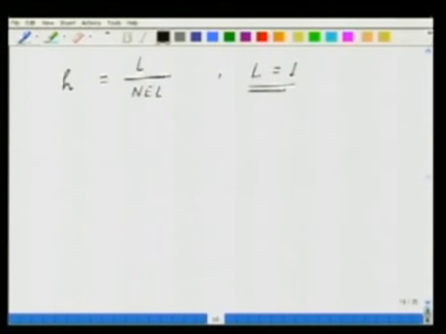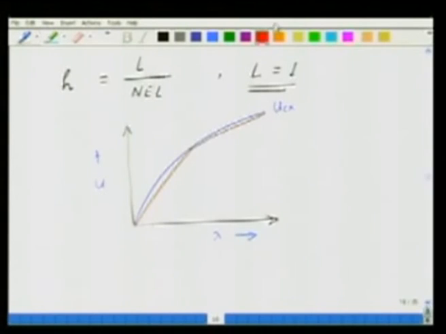One can easily attempt this solution and see what you should see out of this: if this is x, this is u, and let us say this is u exact, then this will be the 2-element solution, then this will be the 4-element solution, then the 8-element solution.